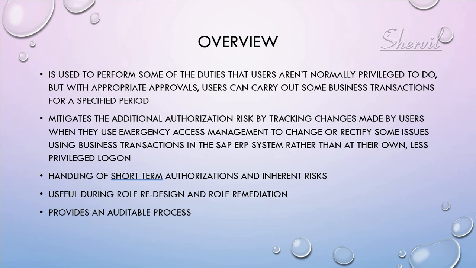So if a transaction code is being used because of EAM on a regular basis, you might as well give it as part of the user's regular access. EAM also helps you see who all are using those transaction codes. These things could be done using EAM, which helps in role redesign.